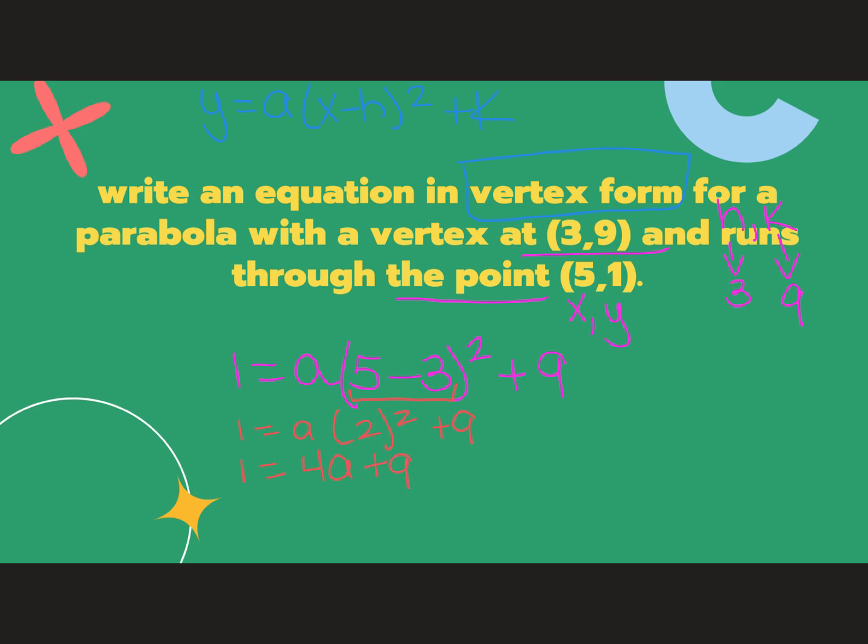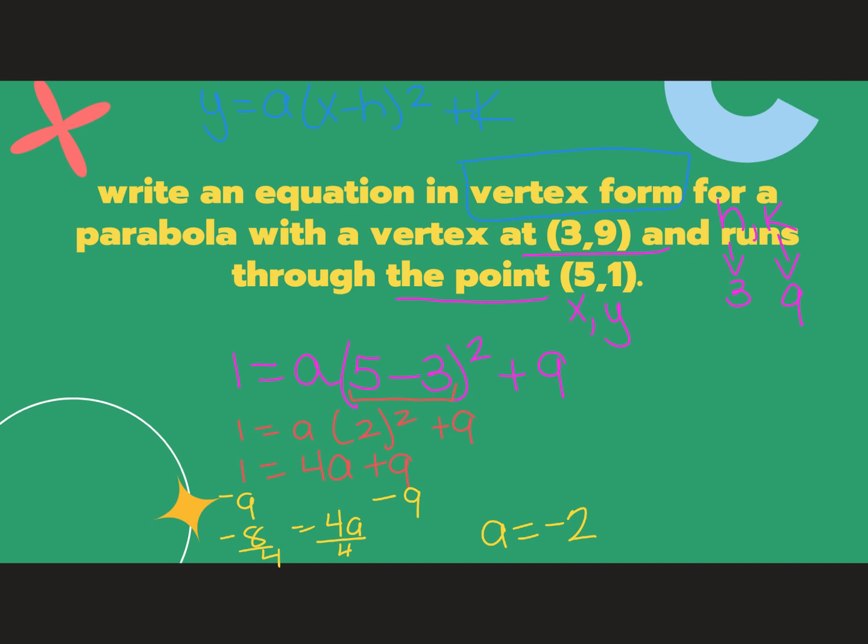Now, the next thing I need to do is isolate that a, so I'm going to subtract 9 from both sides. It leaves me with 4a equals negative 8, and then I'm dividing by 4. So I know my a value is negative 2.